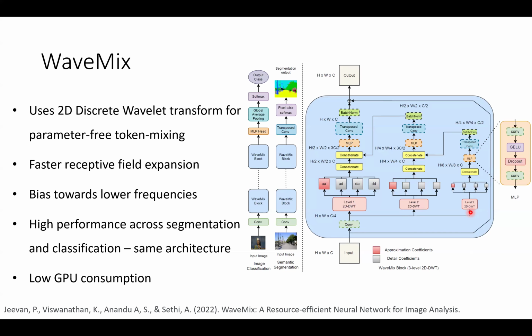And because we have separate pathways for lower and higher frequencies, WaveMix in some sense has the capability to focus on different frequencies according to the need of the particular problem. This actually resulted in solving problems where the shape of the object needed to be identified from textured noise. For example, astronomy, galaxy classification, image data, and even medical imaging data.